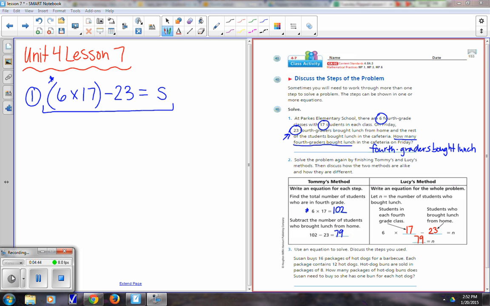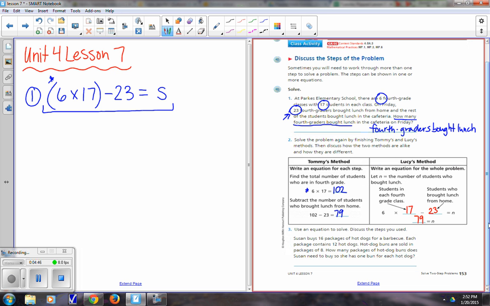And remember, if you needed to hear that problem again or you didn't understand anything I just said, you can always take the little arrow and push it back to the left, and you can hear that all again. So on number 3, we're going to use an equation. You need to write a situation equation anytime you have a word problem. And now you might make 2 equations because we're looking at multiple steps. But let's look at number 3.